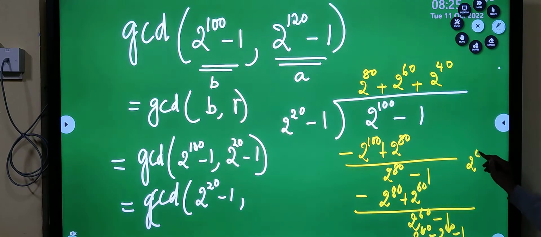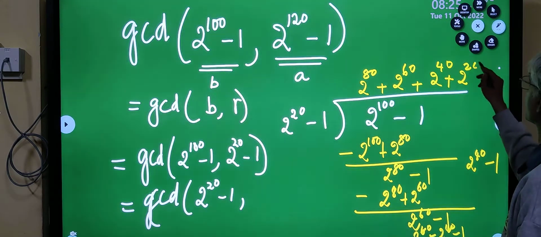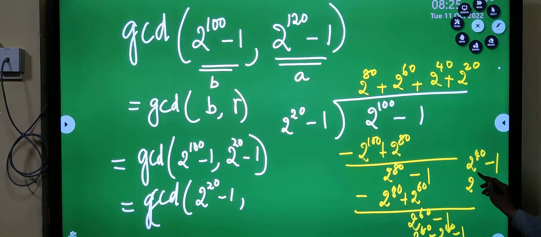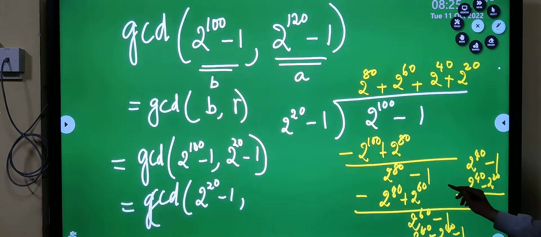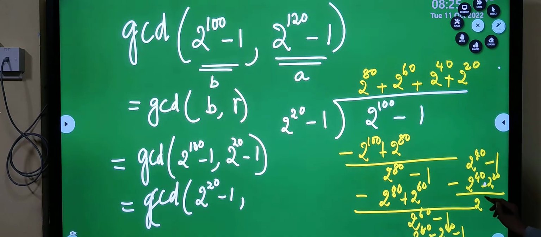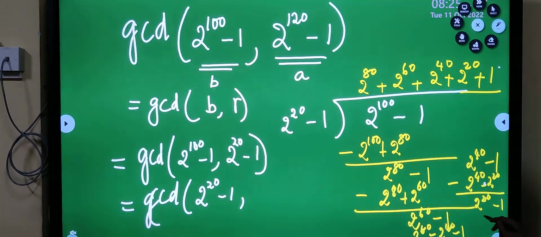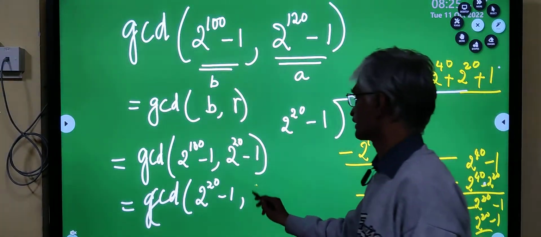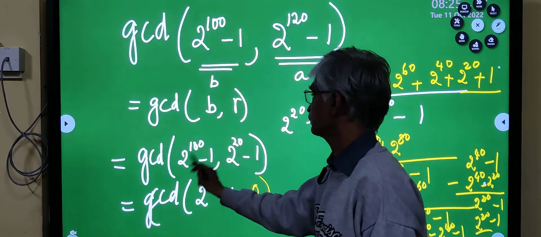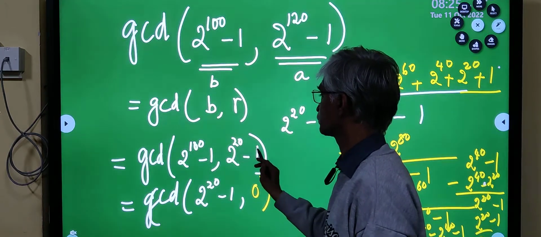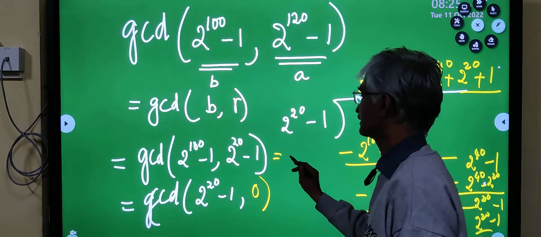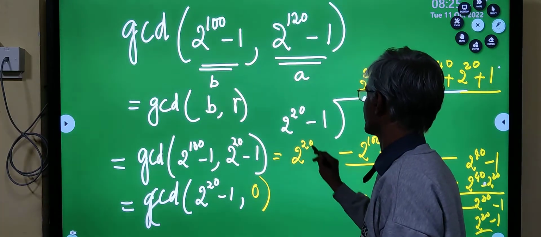It becomes 2 raised to 40 minus 1, and this time I have to continue with 2 raised to 20, and this gives me 2 raised to 40 minus 2 raised to 20, and again minus plus, so 2 raised to 20 minus 1, and this time we have a very interesting situation. The remainder is 0. Now what this means is that 2 raised to 100 minus 1 is divisible by 2 raised to 20 minus 1, and that would mean that the GCD is simply 2 raised to 20 minus 1.